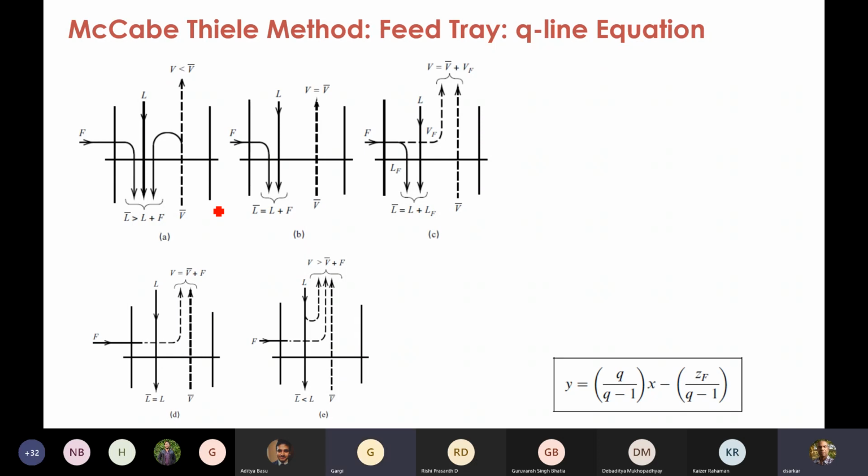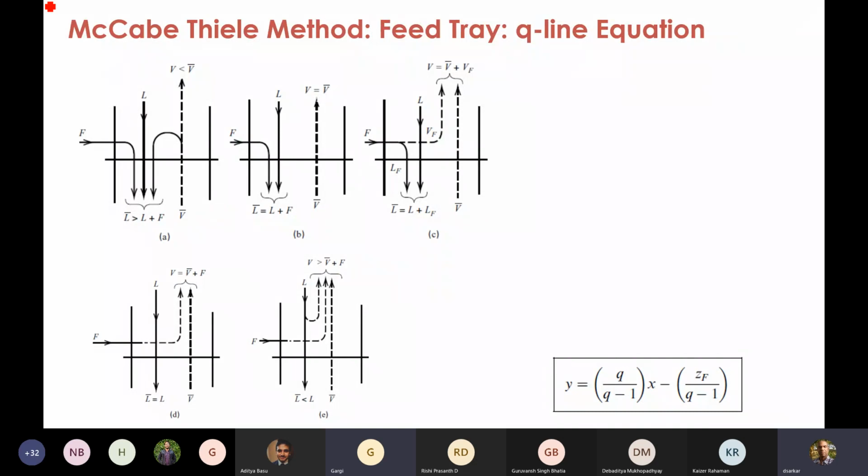Depending on the thermal condition of that stream, whether it is partially vaporized, saturated liquid, superheated, etc., there will be a different mass balance equation around the feed tray, because if it contains some vapor, that will go up. If it is entirely liquid, the entire liquid will come down.